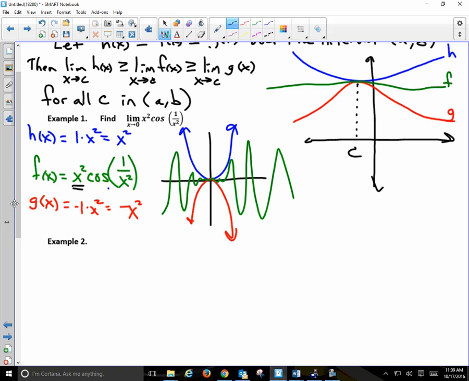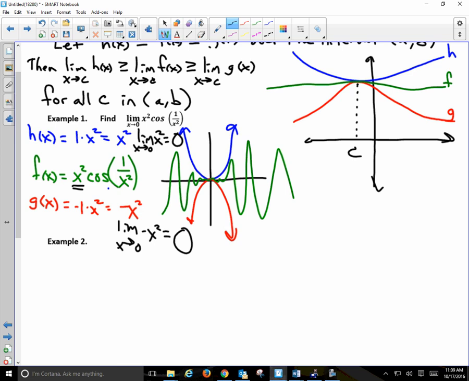Well, let's focus on the blue. What's the limit as x goes to 0 of x squared? 0. What's the limit as x goes to 0 of negative x squared? 0 as well.